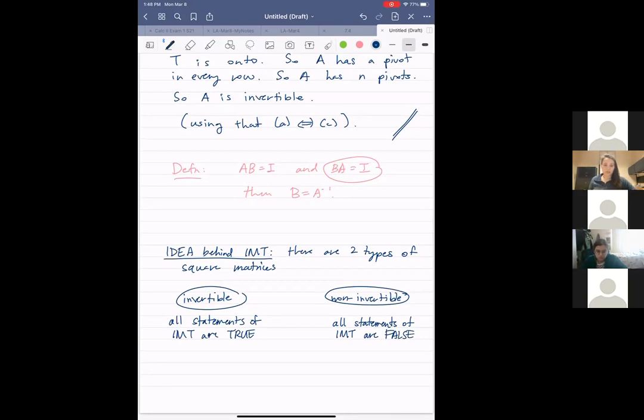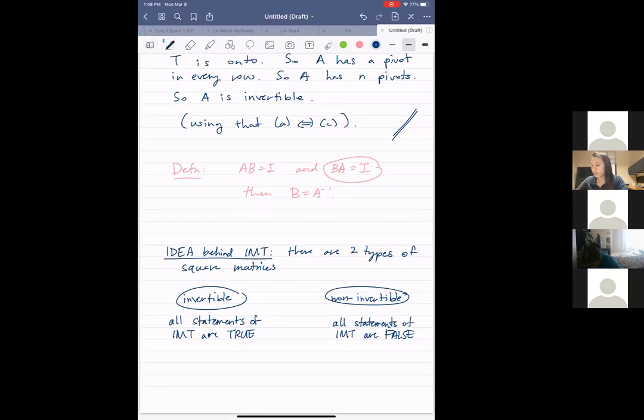Your square matrix will fall into one of these two categories, and then you'll have all of these statements that you know about that matrix. They'll either be all of the statements from the invertible matrix theorem, or they're the opposites of those.